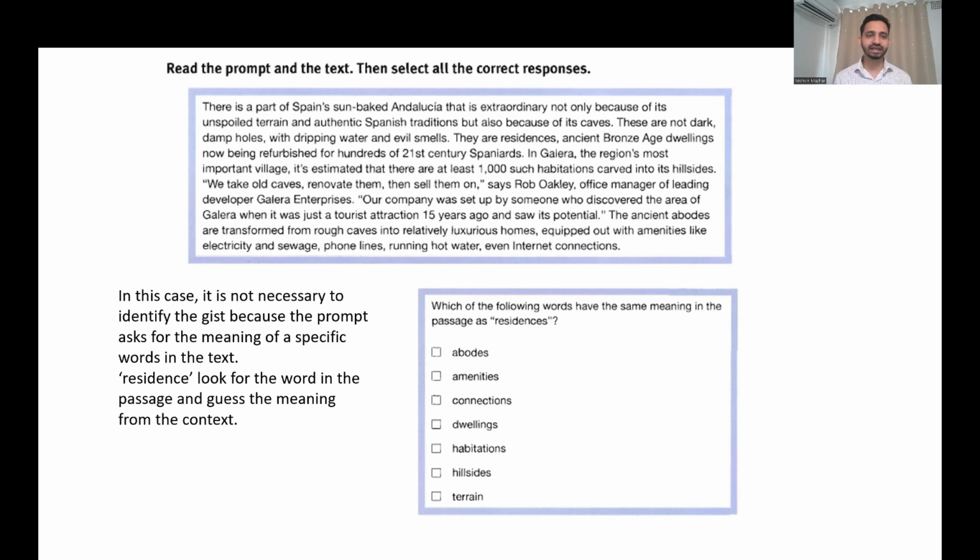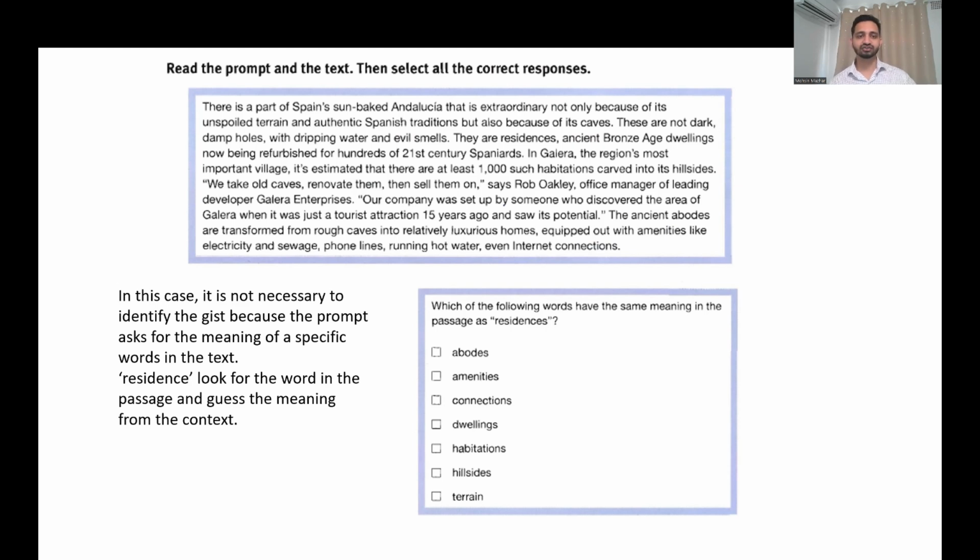We take old caves, renovate them, then sell them on, says Rob Oakley, office manager of leading developer Galera Enterprises. Our company was set up by someone who discovered the area of Galera when it was just a tourist attraction 15 years ago and saw its potential.